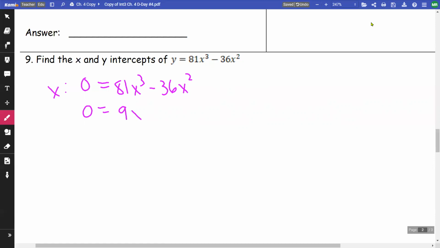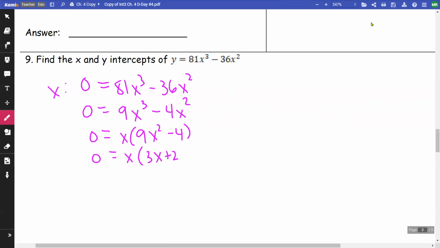So I get 9x to the third minus 4x squared. I also notice that I can factor out an x squared, and I'll get x squared times (9x squared minus 4). Now, 9x squared minus 4 is a difference of two squares, (3x plus 2) and (3x minus 2).